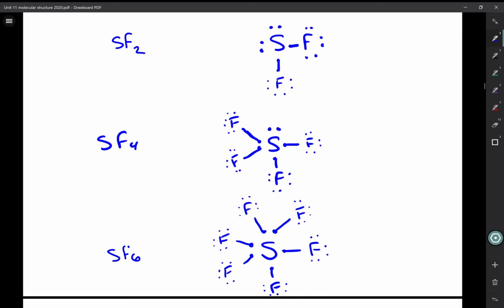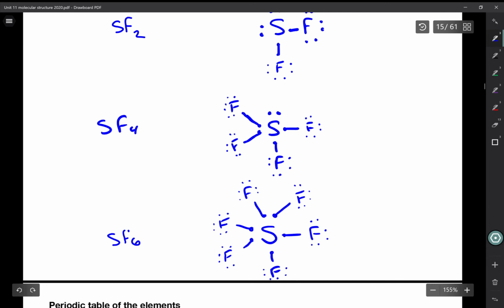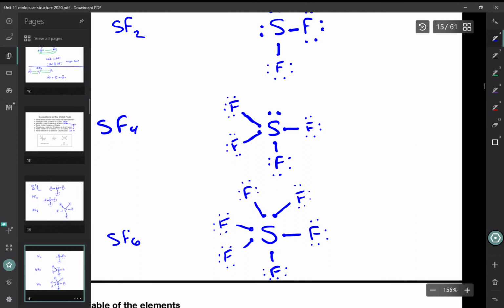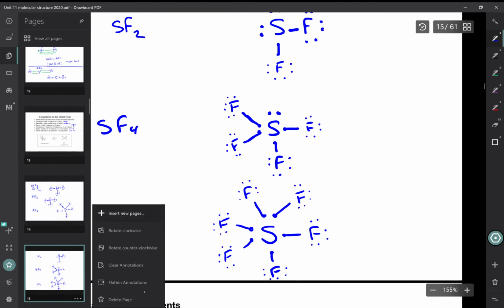So in each one of those, we needed to add some more atoms. We split up the unshared pairs, and that made some more bonding sites. Now, why does this happen? It has something to do with the atom itself.